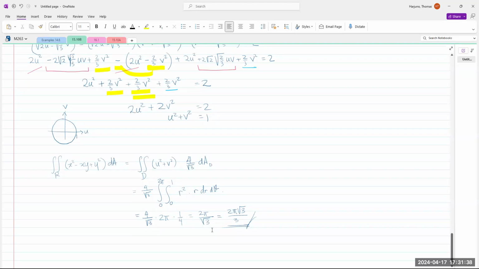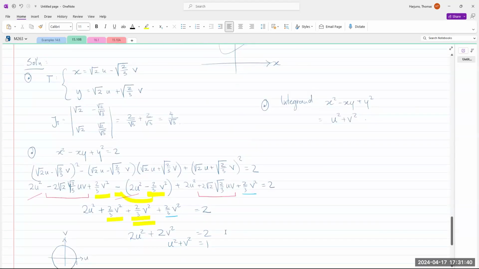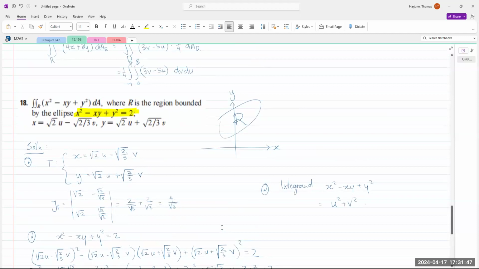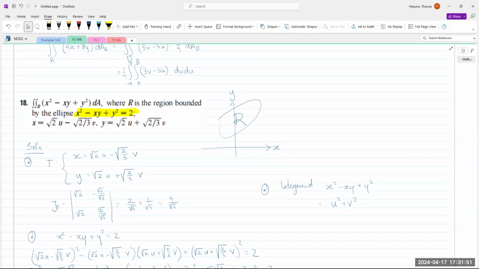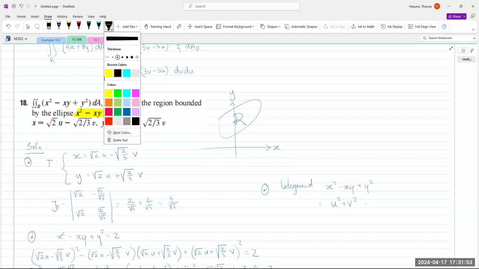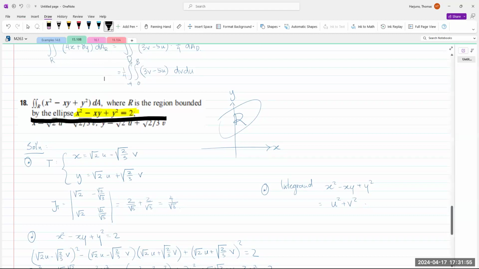The integral is easy to do. To set up this integral is the painful part. But again, if I give you this question with this ugly domain, can you come up with the transformation yourself? To be honest with you, my answer is no. I don't even know what that ellipse looks like.